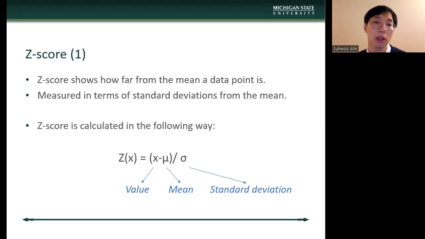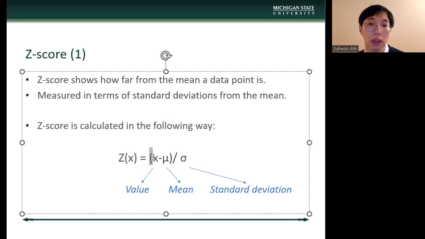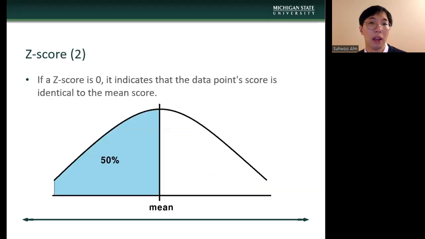The z-score is calculated in the following way. Z-score equals each value minus the mean, divided by the standard deviation. It's not that different, right? First you have to calculate the z-score, and then think about how to interpret it.